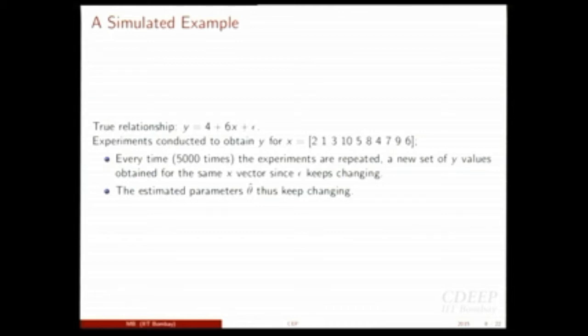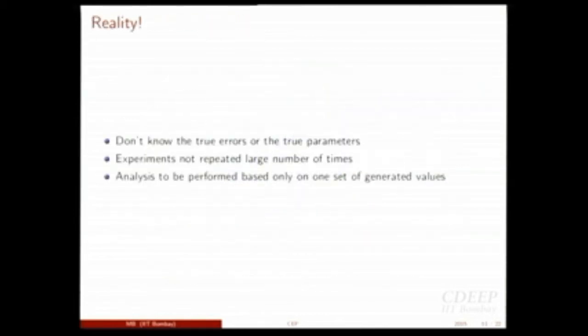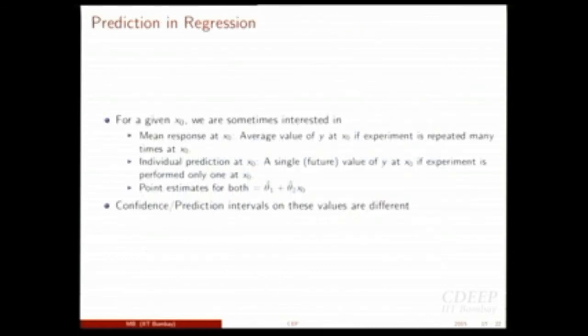You simply compute theta 1 hat plus theta 2 hat x naught, and that's an estimate for the mean response as well. These are called the point estimates, and for both it is theta 1 hat plus theta 2 hat x naught.